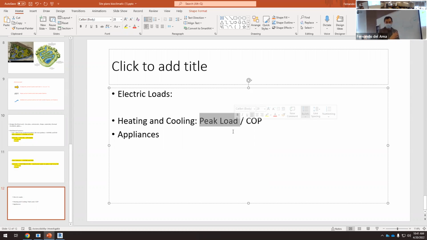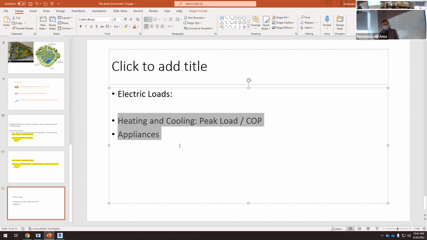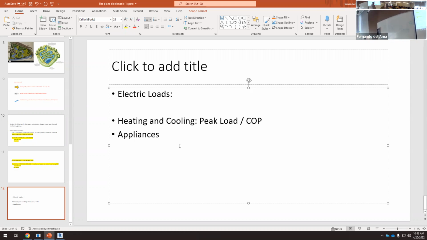I don't know, let's see. And then we have the energy. We divide this energy by the COP, and we have the electric load that we need for heating and cooling. So that's the calculation that we have to do. So you should have an idea at least of the peak cooling and heating loads. With this, we can dimension the PV array.